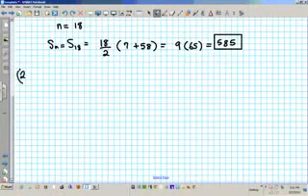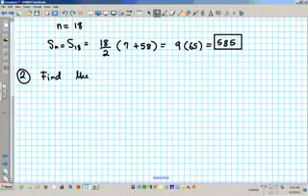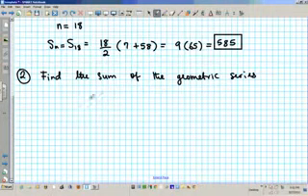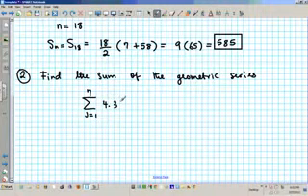So for number 2, find the sum of the geometric series expressed by the sum from j equals 1 to 7 of 4 times 3 to the j minus 2.